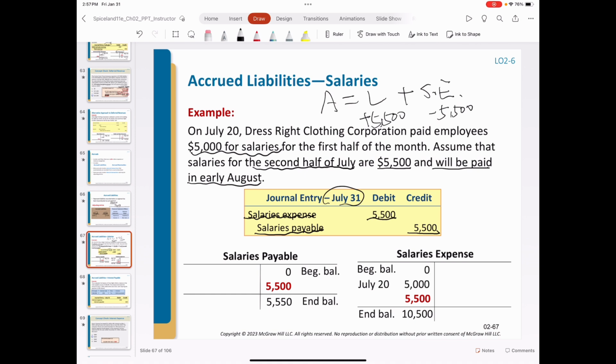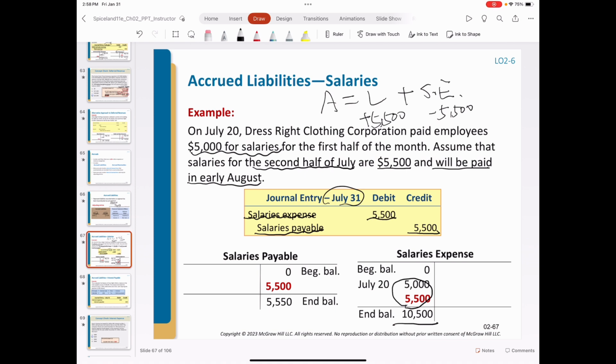Stockholders' equity decreased because an additional $5,500 expense was recognized. Liability increased because salary payable is recognized. After this adjustment, the total salary expense incurred during this month will be $10,500, which represents the total salary expense incurred in July.